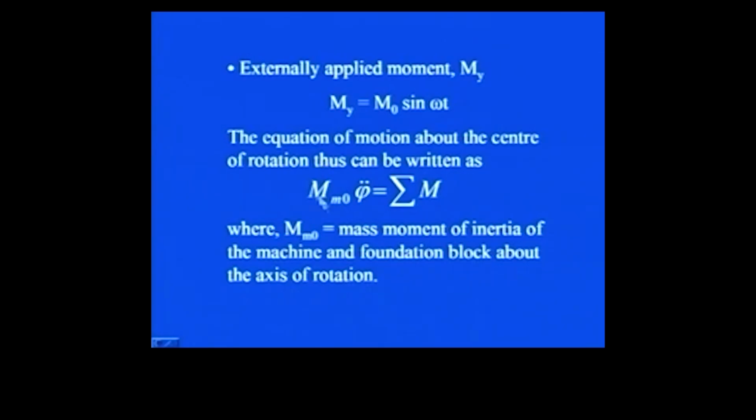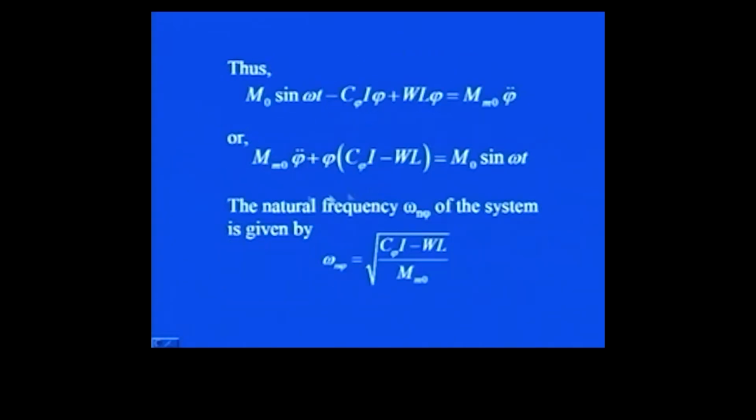So, by putting all the moments in this particular equation, we will get this expression. This is the external moment. Then we had the moment, as I told you earlier, C phi I into phi, which was in the anti-clockwise direction, and plus W L phi, which was in the clockwise direction, and that will become equal to the inertia term, that is M_MO into phi double dot.